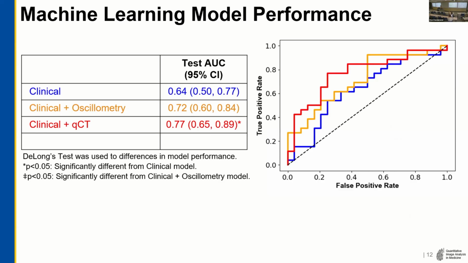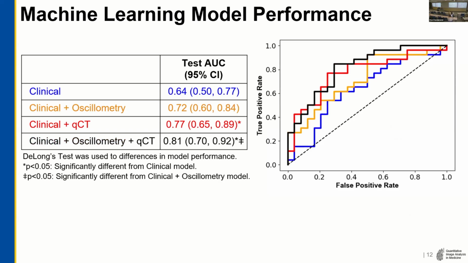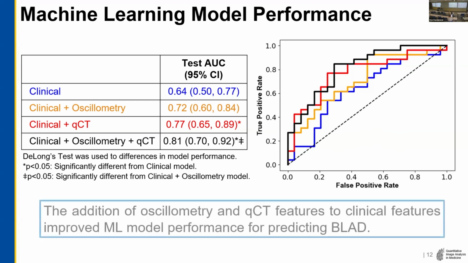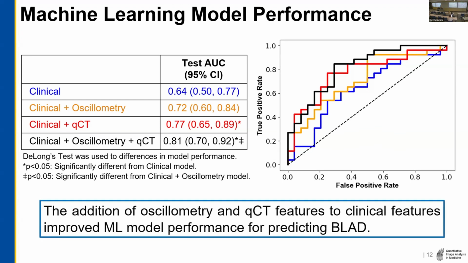But to no one's surprise, when we combined all three together, our structure, function, and clinical information, performance was the best on our test set with an AUC of 0.81, which was better than just the clinical data alone and the clinical and oscillometry data alone. So the way we summarized this was that the three feature sets, when combined, optimize machine learning model performance.